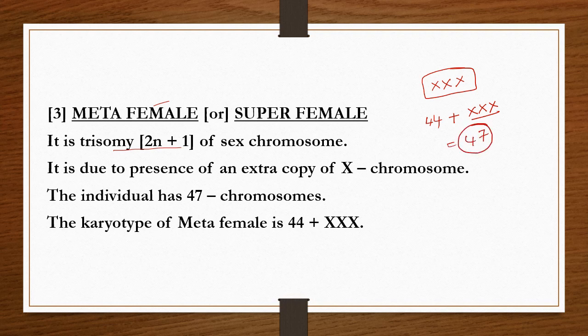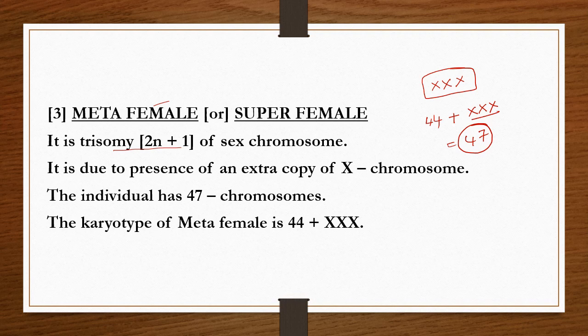So trisomy having 47 chromosomes. Trisomy in sex chromosomes means that the extra chromosome we can observe is in the sex chromosomes. Trisomy in autosomes means that the extra chromosome we can observe is in the autosomes, not in sex chromosomes. Please be clear of that point.